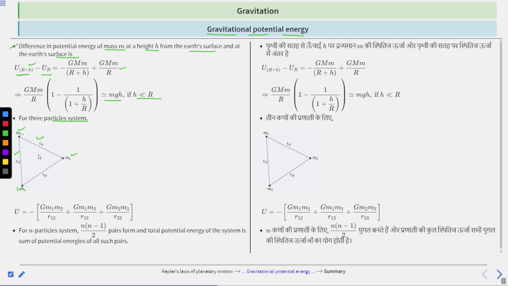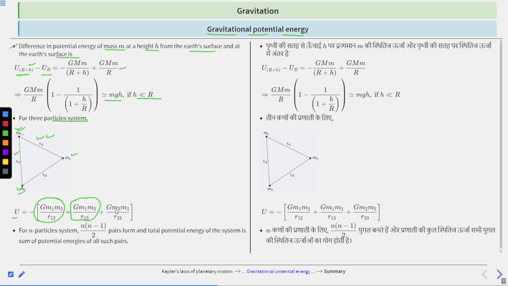In this case, the gravitational potential energy U is equal to minus G m1 m2 divided by r12, which is for the two masses m1 and m2, and minus G m1 m3 divided by r13, which is for the two particles m1 and m3.